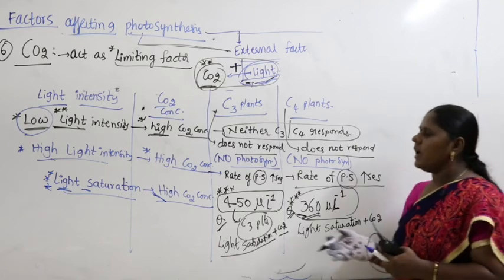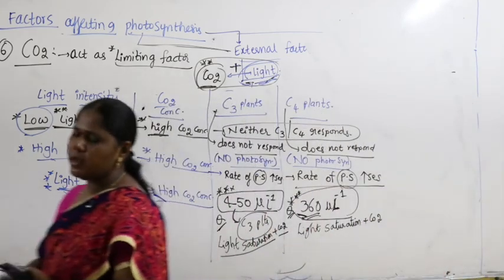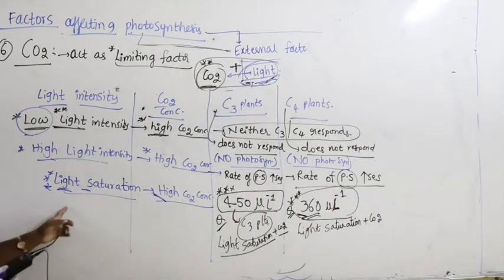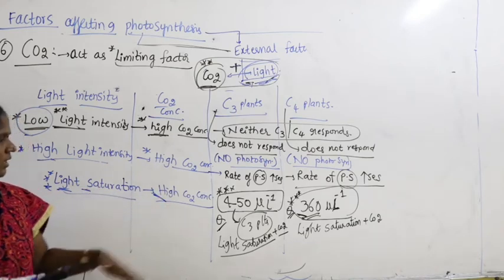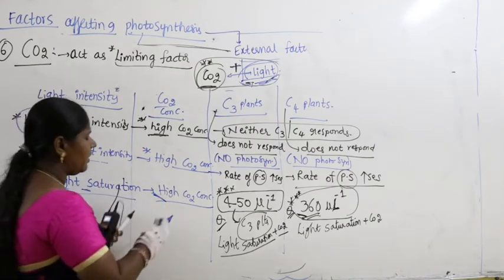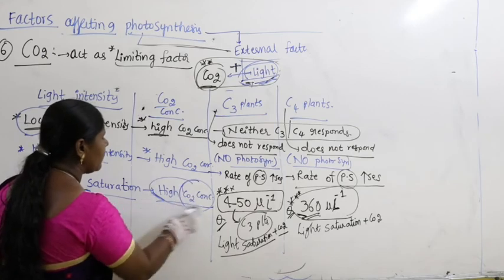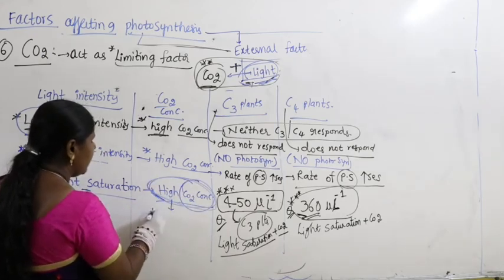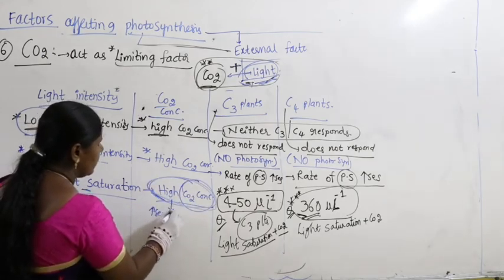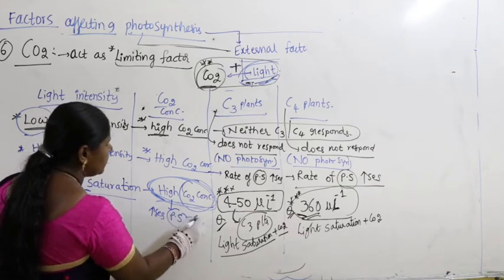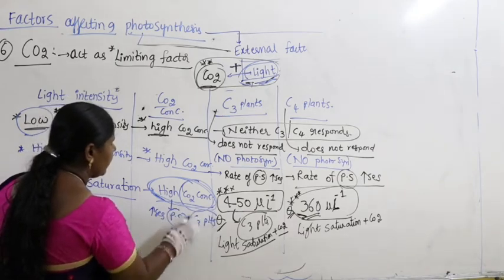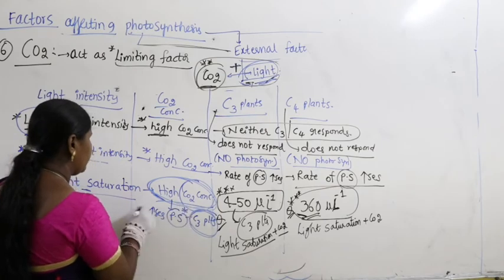Right. Now, when high light intensity is there, high carbon dioxide concentration is there, here I am writing carbon dioxide, high carbon dioxide concentration definitely increases photosynthesis, especially in case of C3 plants. Very, very important.